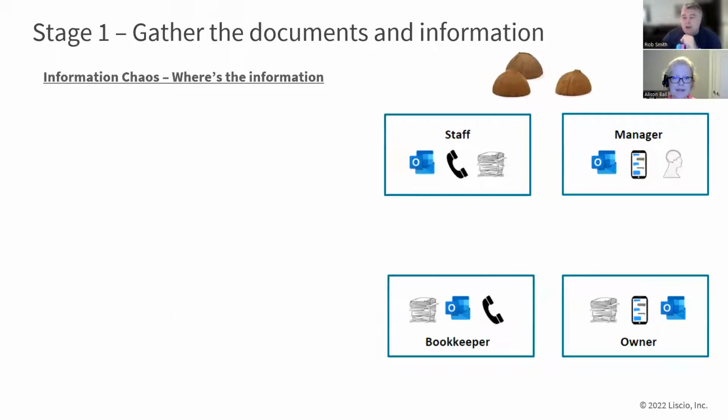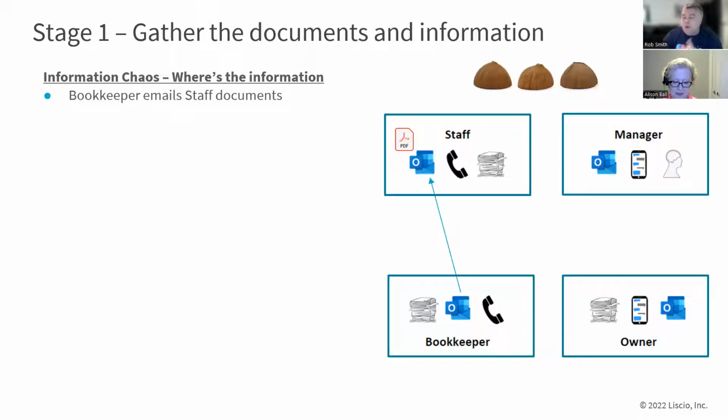So right here, I want you to kind of think about the information chaos. Where's the information? Under which cell, basically, is it? Okay, so right now, here's what's typically happening with information chaos. First of all, a bookkeeper, maybe, or the client will email one of your staff a document. And then the owner will text the manager.